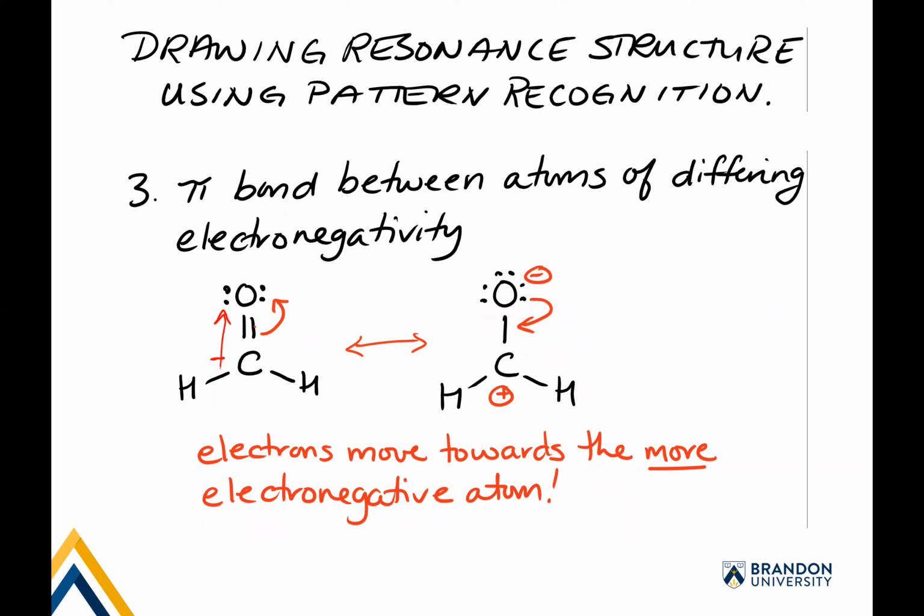So if you move these pi electrons to become lone pairs, you got a situation like this where the more electronegative atom has got the negative charge, and the more electropositive atom, carbon, has got the positive charge. So it always moves towards the more electronegative atom. You wouldn't want to have oxygen with a positive charge and carbon with a minus. That would be fundamentally breaking this rule. So keep that in mind.